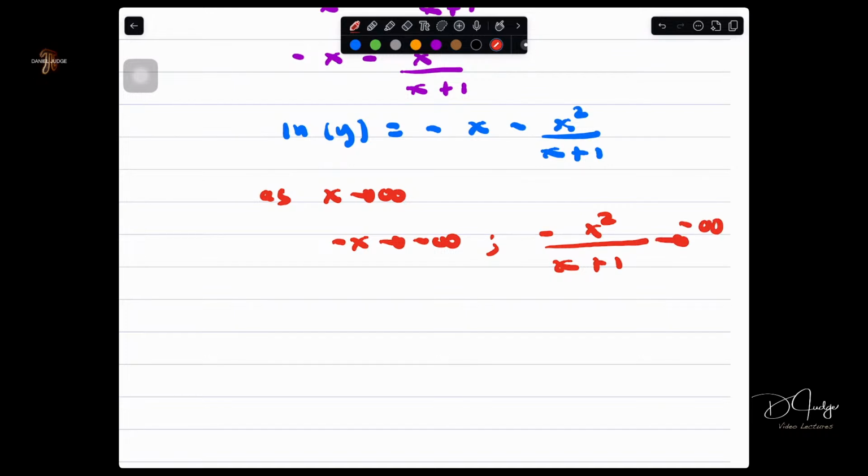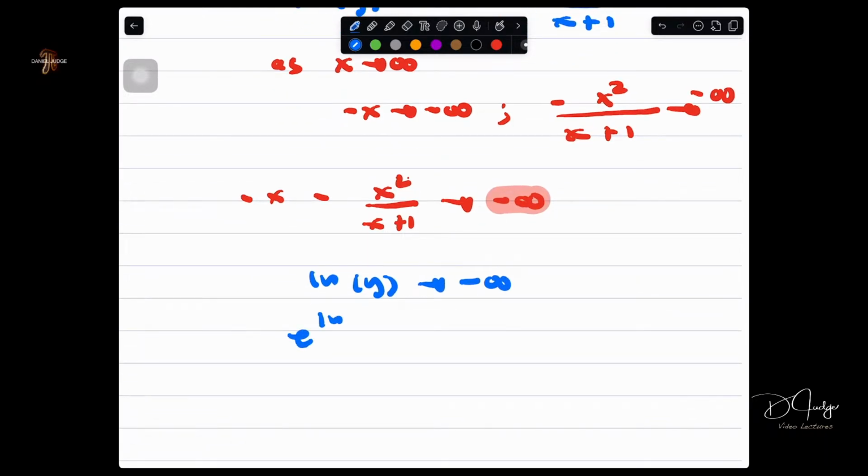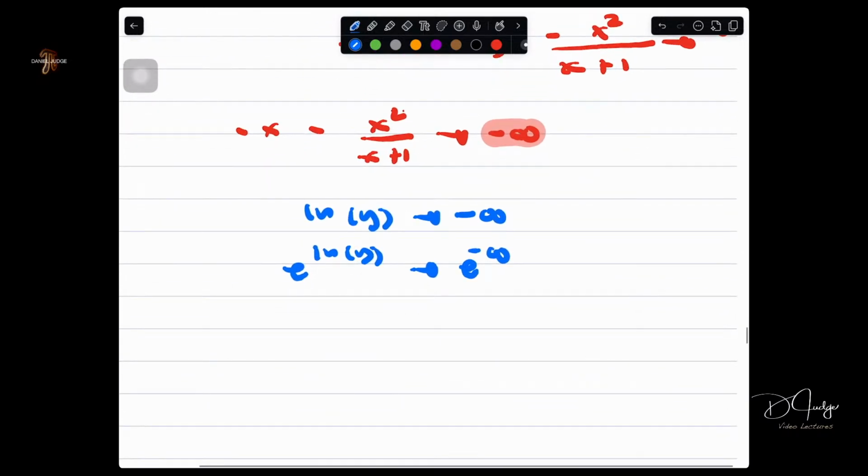So the natural log of y goes to negative infinity. So e to the natural log of y goes to e to the minus infinity, which really means 0. y is going to 0 here.